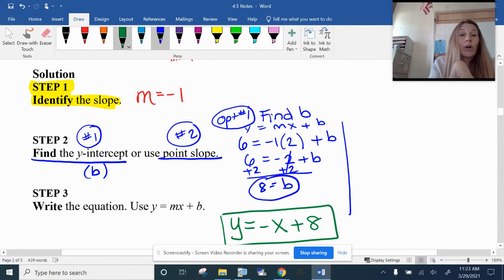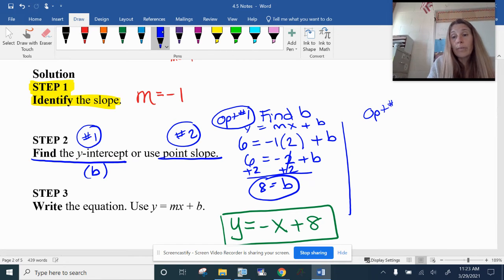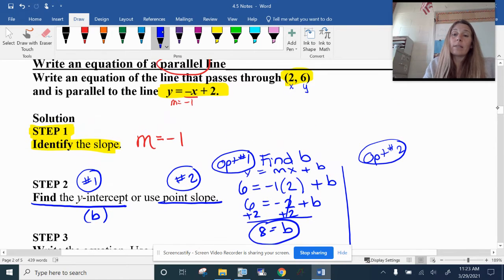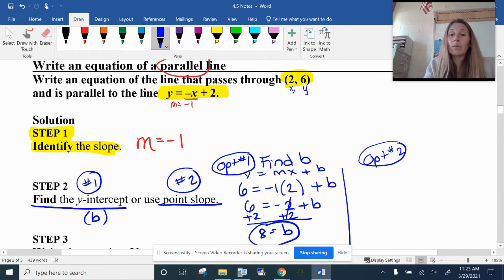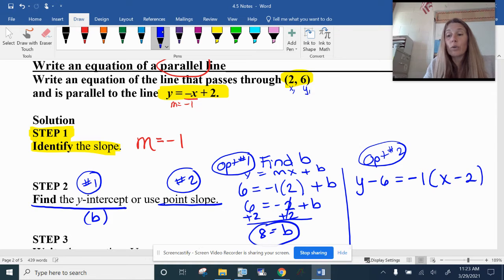Okay, now the other option is to, instead of finding the b, just use point slope form to get to your y equals mx plus b. So in that case, again, we're still using the same point here. It's just going to be x1, y1. So y minus 6 equals my slope times x minus 2.